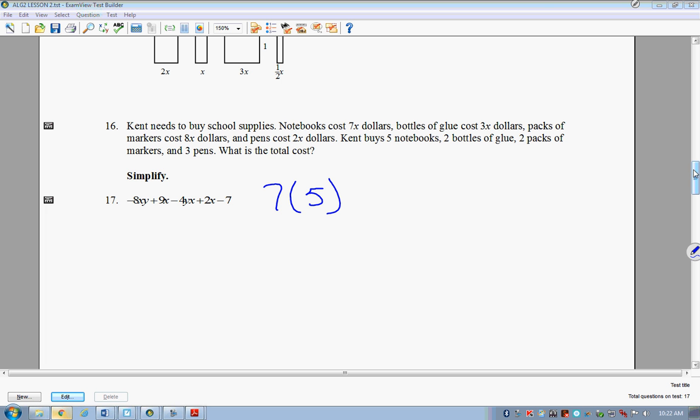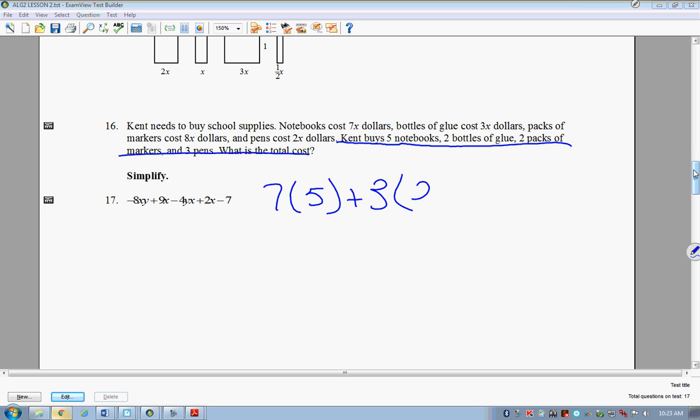Glue cost $3 per bottle. X is the number of bottles of glue I'm buying. So what am I plugging in for x on glue? Okay, Jewel? How many bottles of glue is she buying? Says down here, Kent, sorry, not she, but Kent, down here. 2.